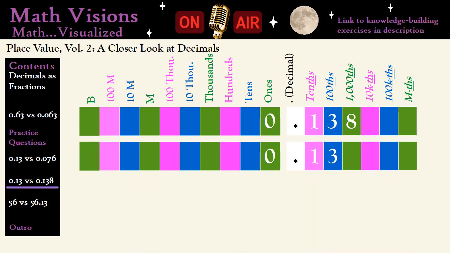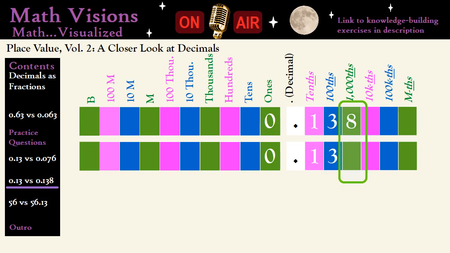Now, we'll change the first number to 0.138 and leave the second number alone. Which one is more? Since the digit to the left of the decimal is 0 for both numbers, we'll look at the digit to the right of the decimal. We see they're the same. Therefore, we check the next digit in both numbers. We see these are also the same. So we move over one more digit to the right.